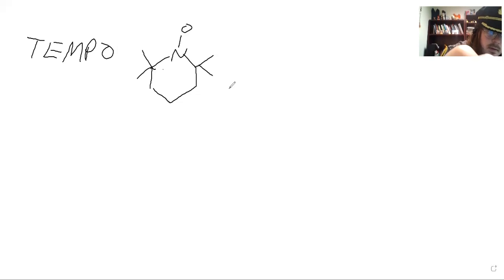It's essentially a stable radical that is used with sodium hypochlorite to temper this reaction. The structure is not super important that you know it, but draw it. It's a stable radical that when used with it tempers the oxidation. TEMPO tempers the oxidation.